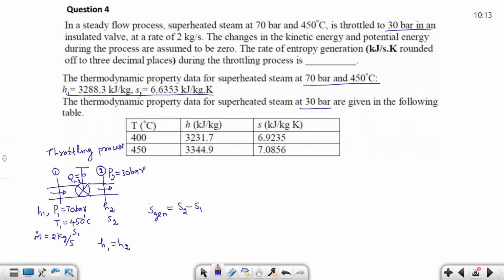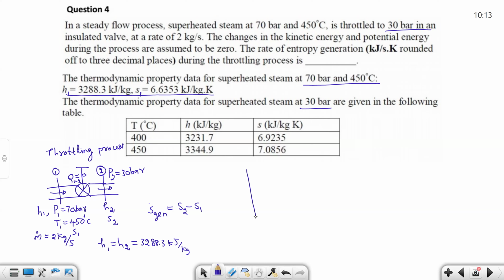But at two temperatures, enthalpy and entropy are given. We need to find out what is the temperature T2. For that, we know that H1 is equal to H2, which is 3288.3 kilojoule per kilogram. So you can get it by interpolation.